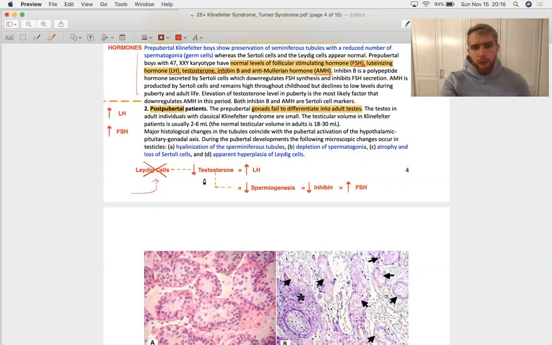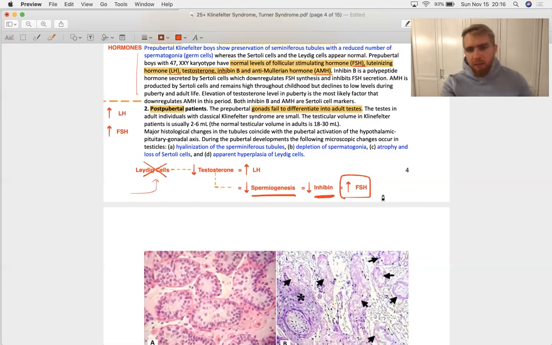So if you're not making testosterone, you're not making a lot of sperm, hence the infertility in most Klinefelter patients. And if you're not making sperm, you're not making a lot of this substance inhibin. I think it's inhibin B. And so if you're not making inhibin, then your anterior pituitary has no reason to stop making follicle stimulating hormone.